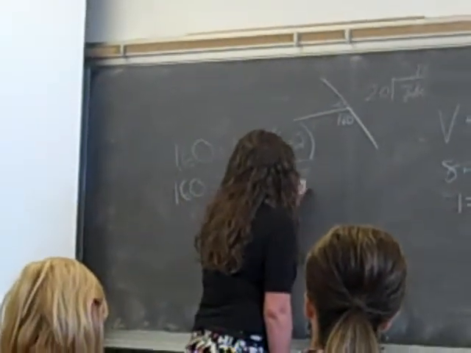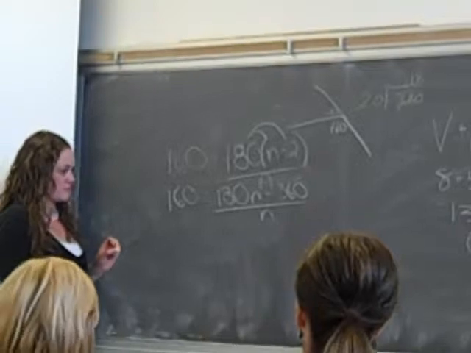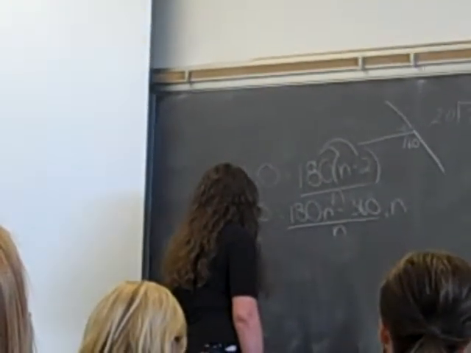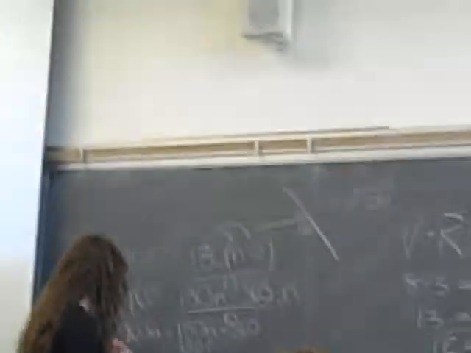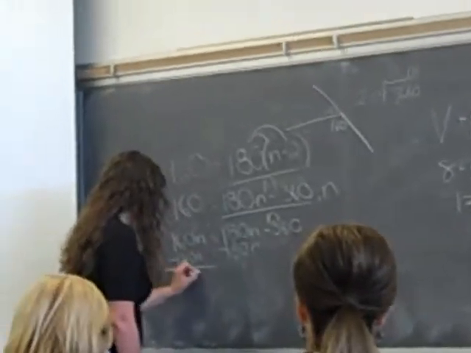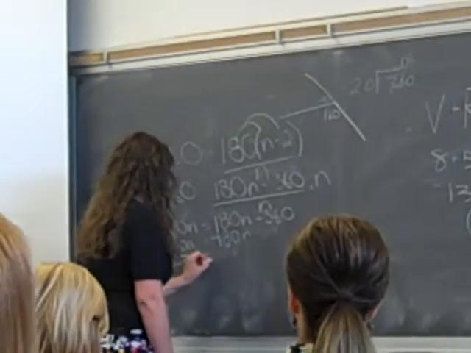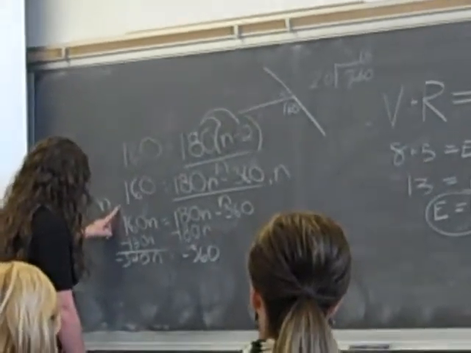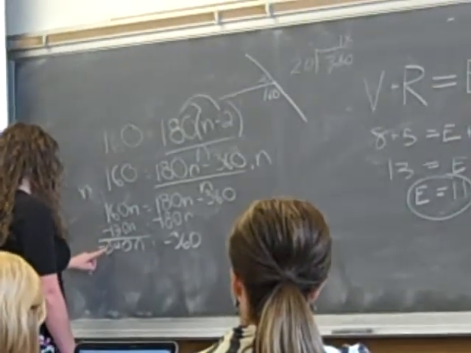So the first step she does is... Now what? And now, I think the easiest thing is to divide both sides by n. 160N, take away 180N is... What's 180 minus 160? 20.